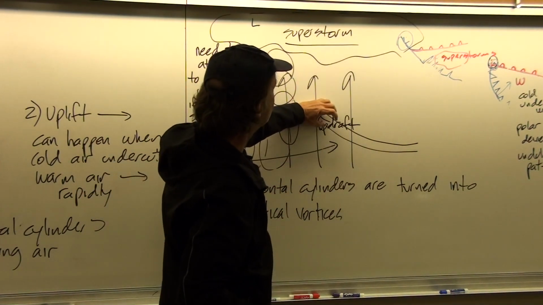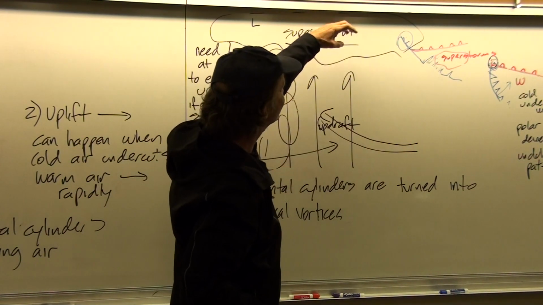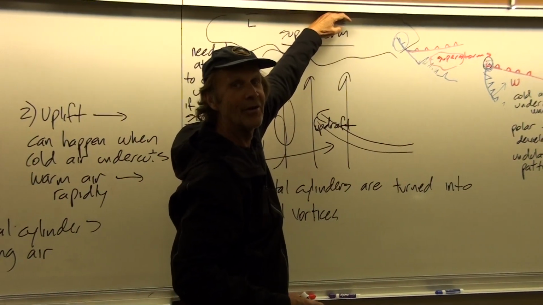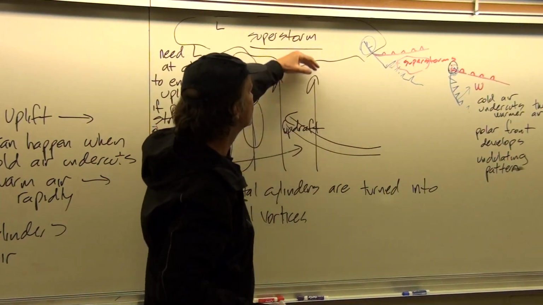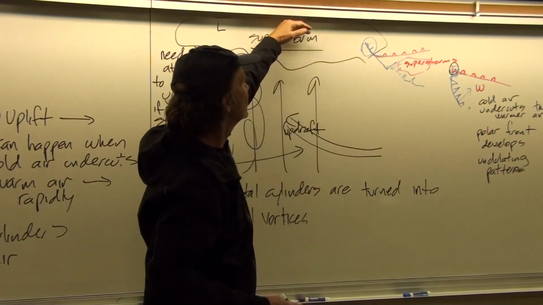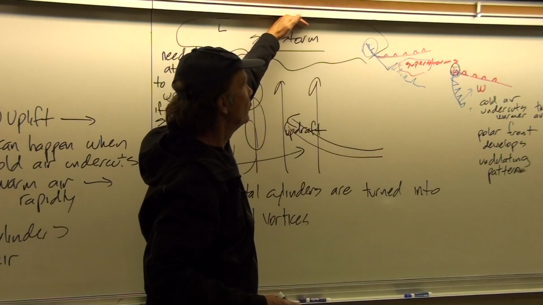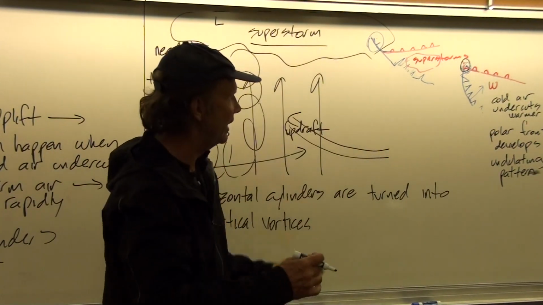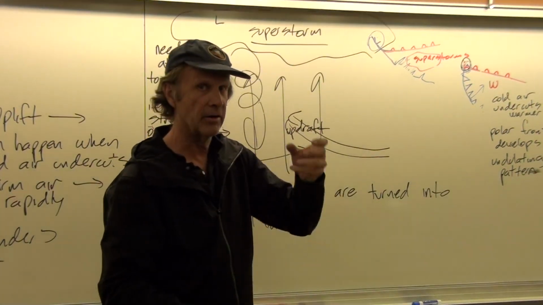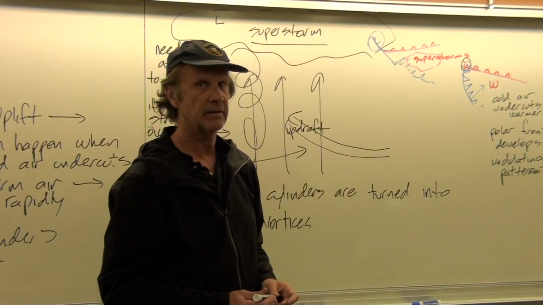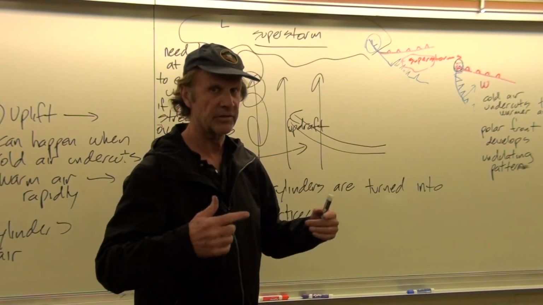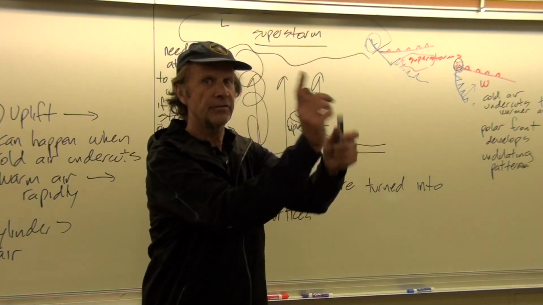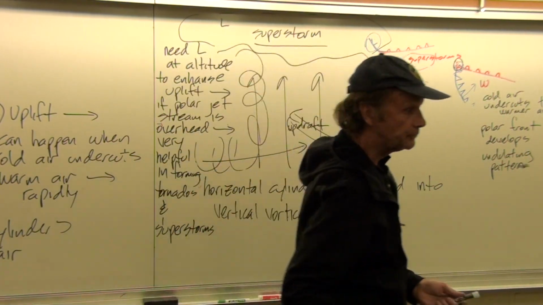Then you have the moisture, and then you have essentially the perfect storm if you've got the lower pressure polar jet up here, which tends to then enhance and give more impetus to this updraft and give it enough power so that it can literally take those horizontal convection cylinders and turn them into vertical tornadoes.